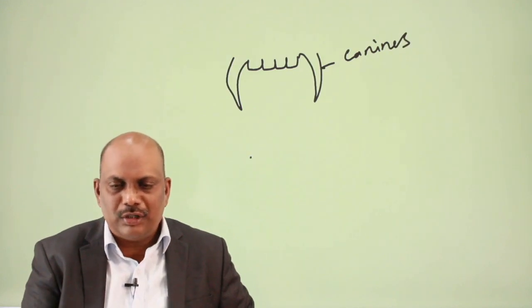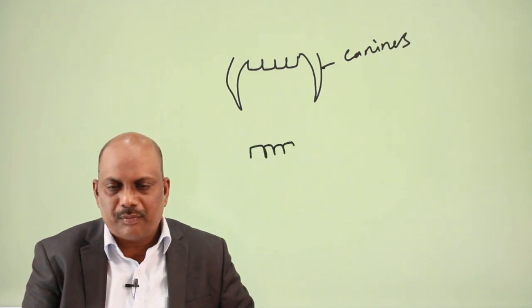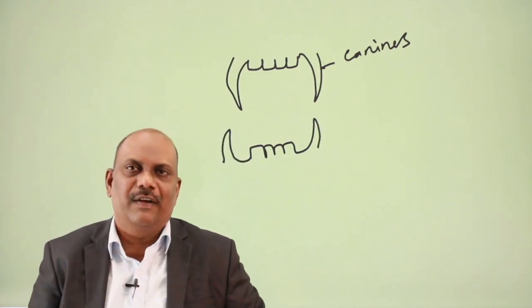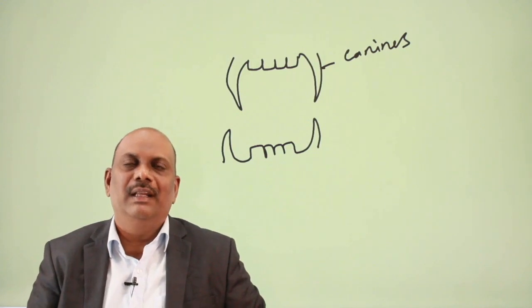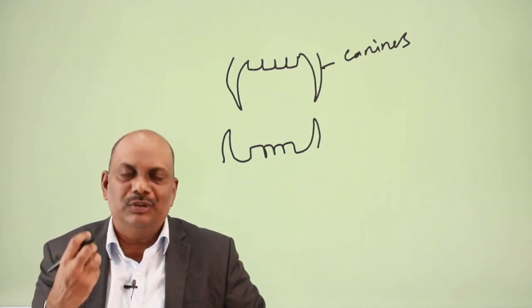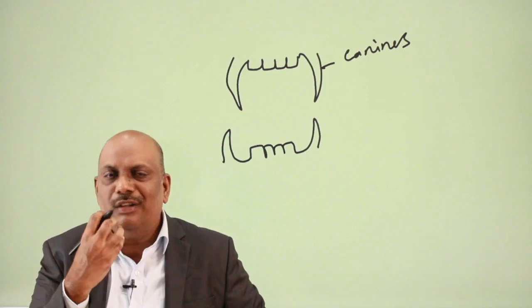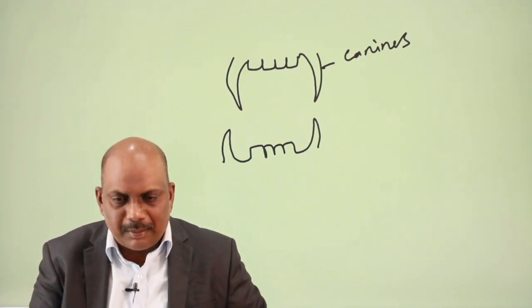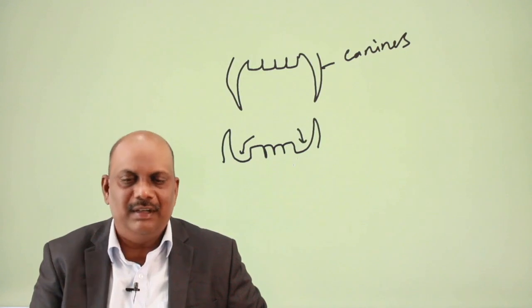And in the lower jaw also, the canines used to be tusk-like. And when they open the mouth, or when they close the mouth, they need to lock the teeth, right? For that, there will be a gap between the teeth.